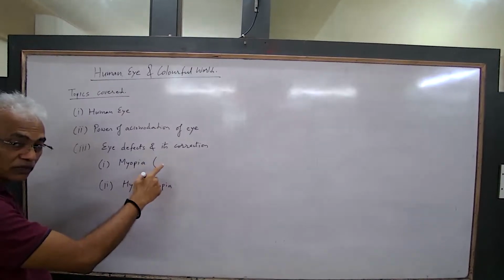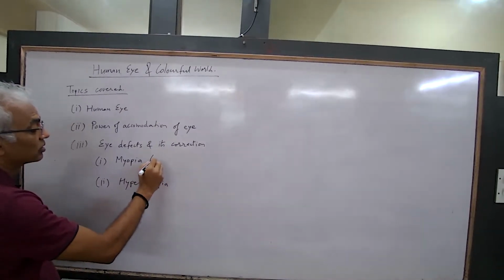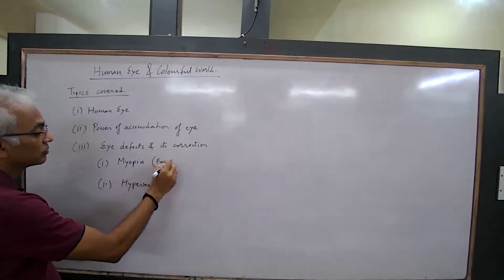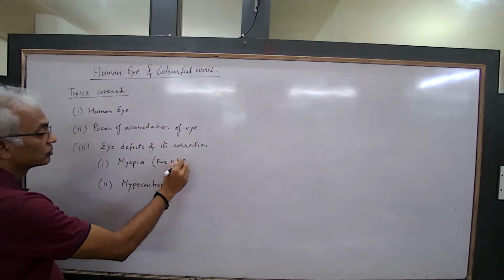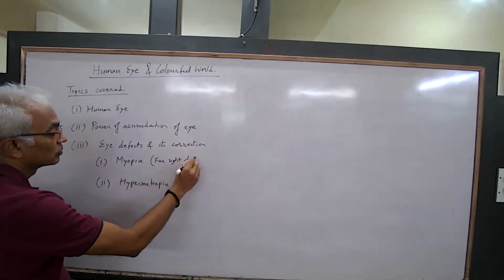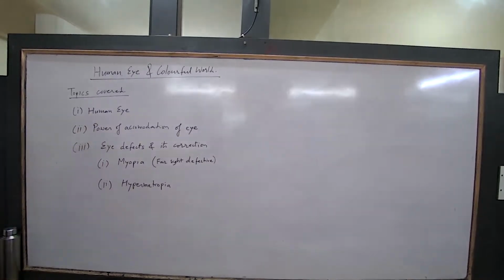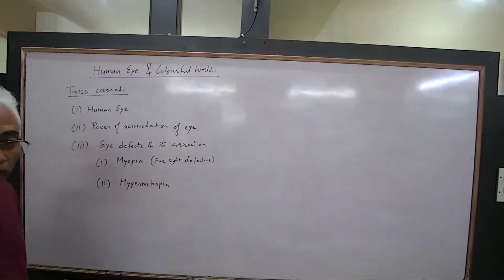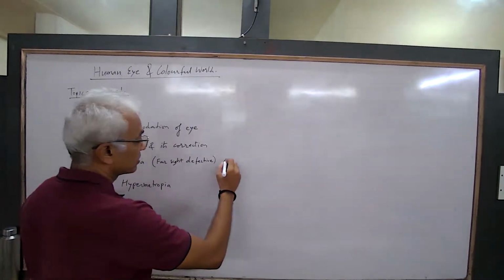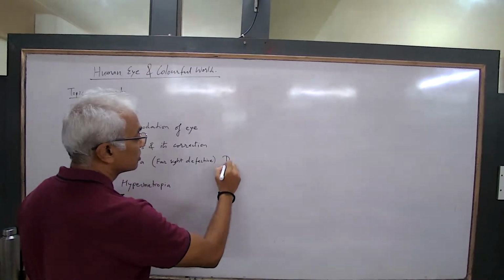Near side okay, far side not okay. So far side is defective. How do we correct it? Using concave lens, or diverging lens.